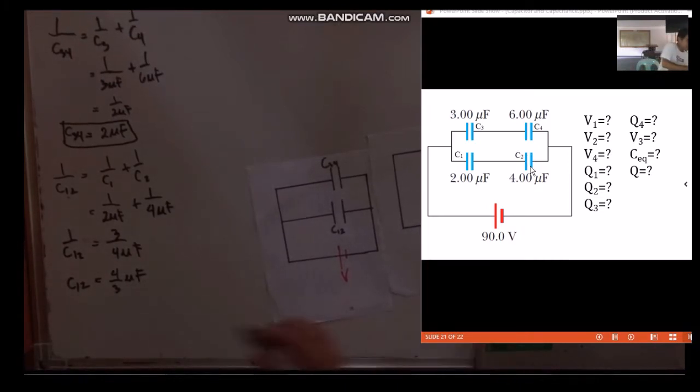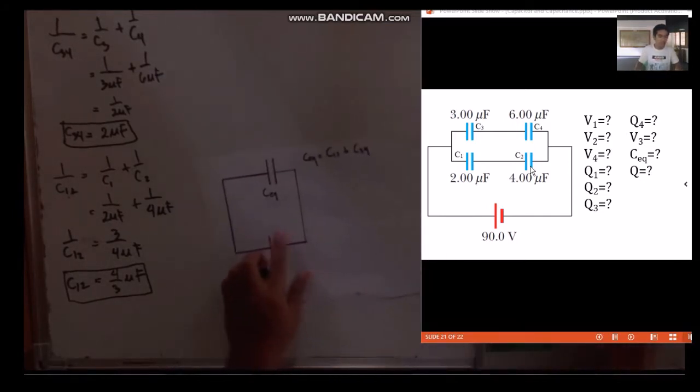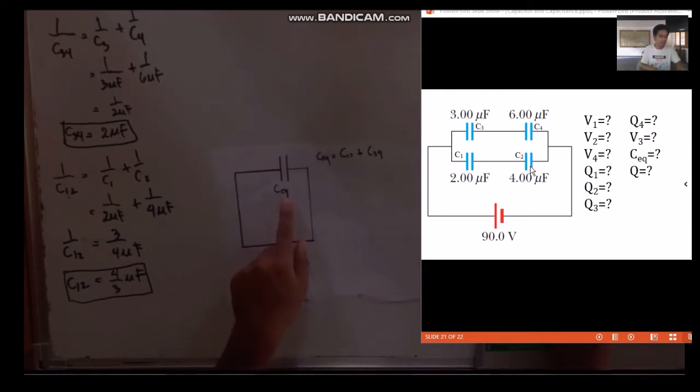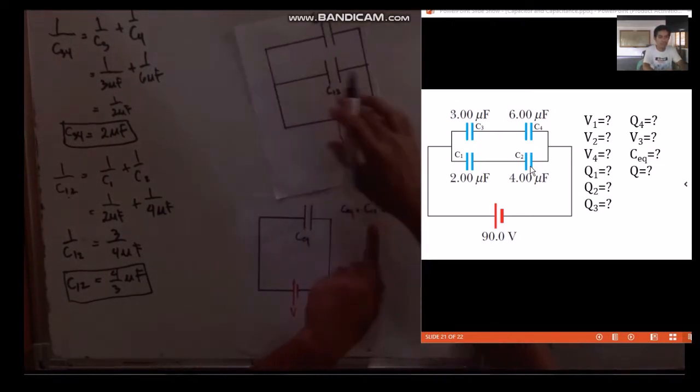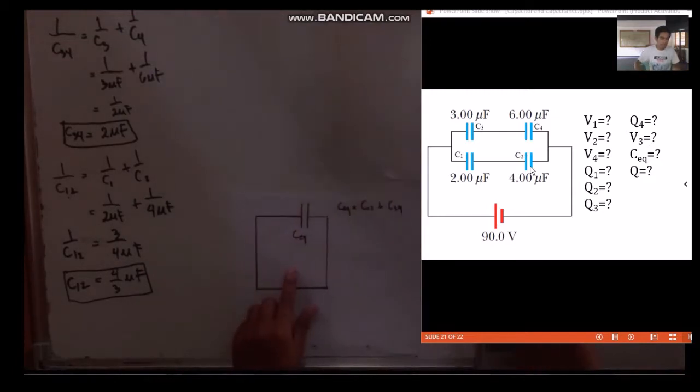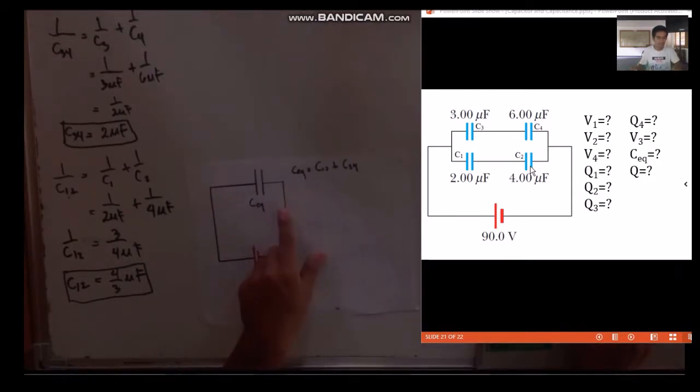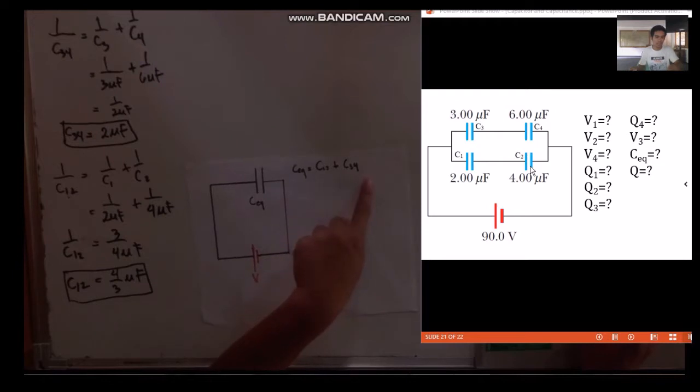Okay, so we have C12. So next, we will work on this diagram. Okay, so CEQ is the combination of C34 and C12. Since C34 and C12 are connected in parallel, the equivalent capacitance must be C12 plus C34, right?